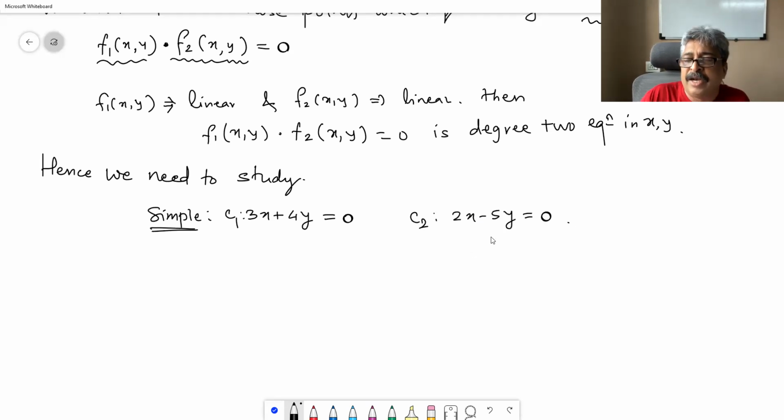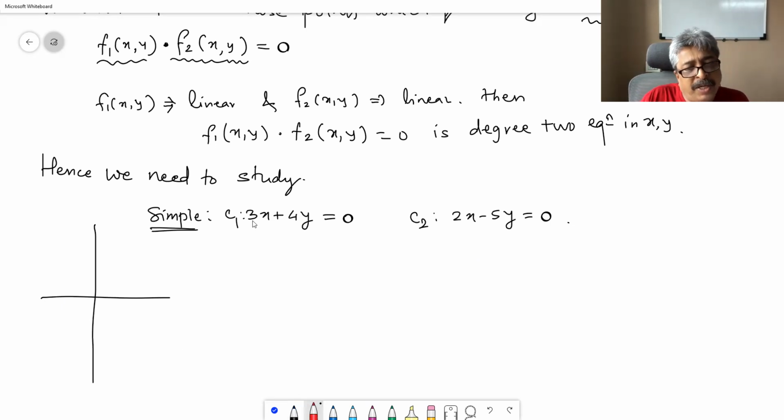Let us take an example and learn, and then develop the theory. These are two lines passing through the origin, one with slope minus 3 by 4, and another with slope 2. They are not perpendicular. This is C1, this is C2.